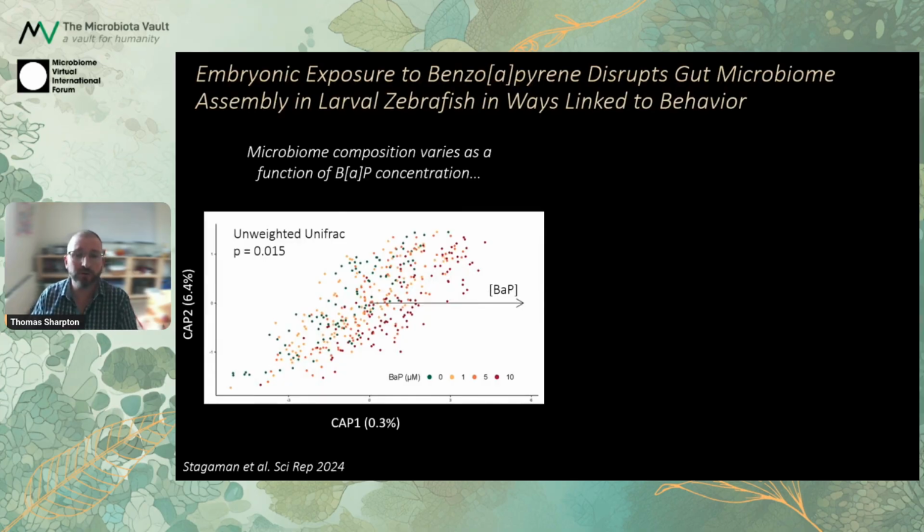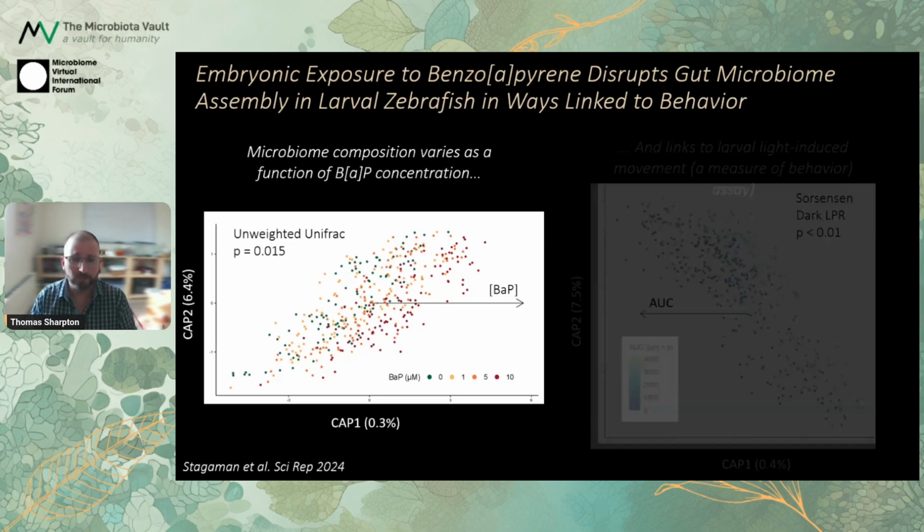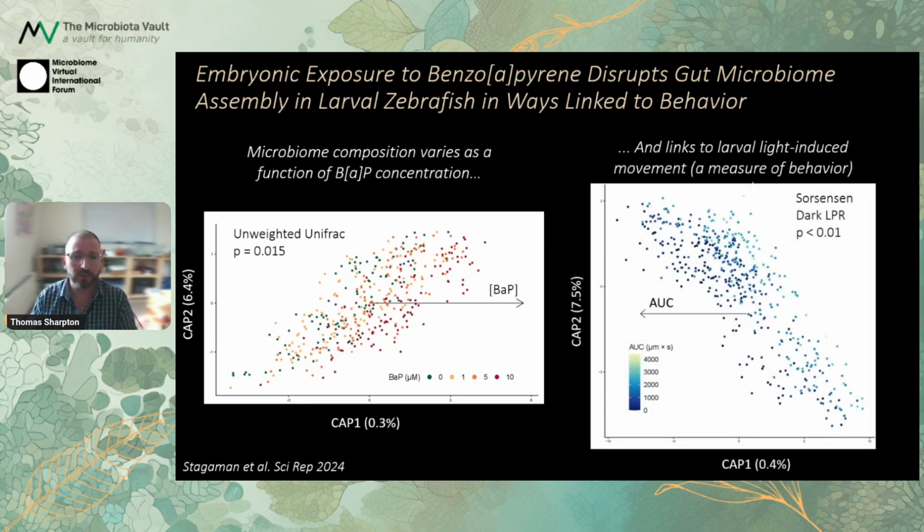Our analysis shows that BAP does alter gut microbiome composition with evidence of a modest dose-dependent effect. But overall, the impact is not dramatic. Only a small fraction of the variation in microbiome composition can be explained by BAP exposure. We see a similar pattern when linking microbiome composition to larval behavior.